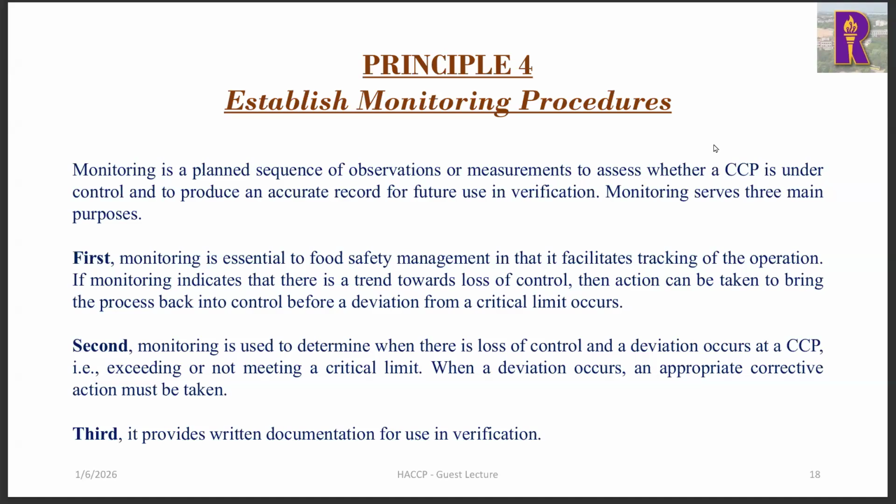Then if the range doesn't stay the same and there is a variation, you have to check the deviation. How much deviation is there? How much loss is there? Then you have to consolidate all of it into the critical limit, and finally take the verification step.